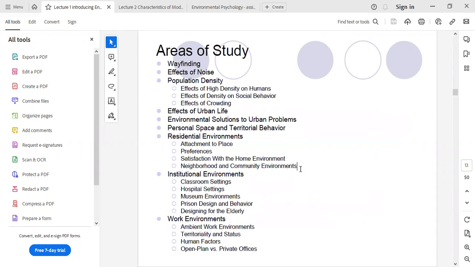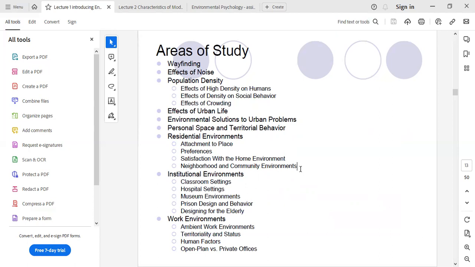So areas of study: wayfinding, effects of noise, population density. Wayfinding is how are we able to connect to our town? How can we access our town, the place we stay in, without a third party?